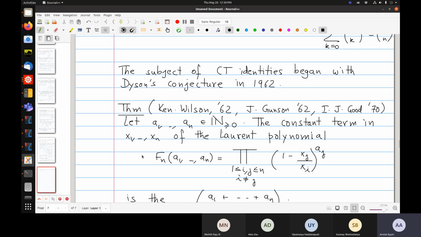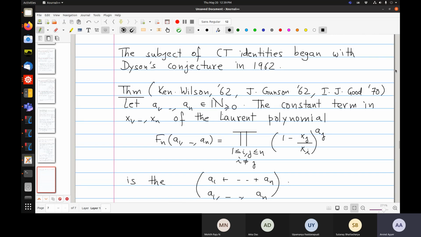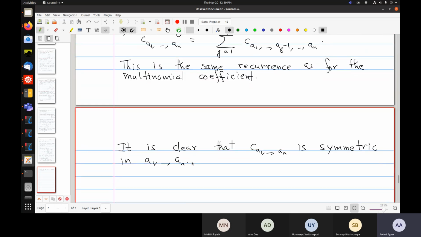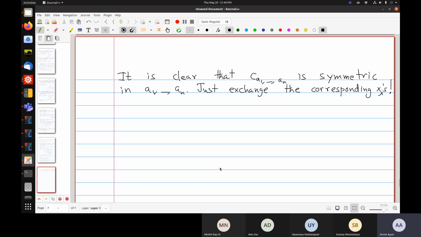But I don't care because I want the constant term, which is already symmetric in the exercise. So just exchange the corresponding variables. Right? So you do that and you get this symmetry, which is also true for the multinomial coefficient.